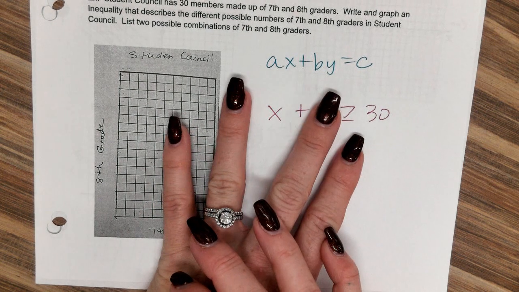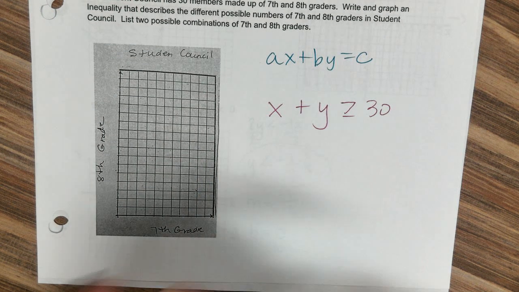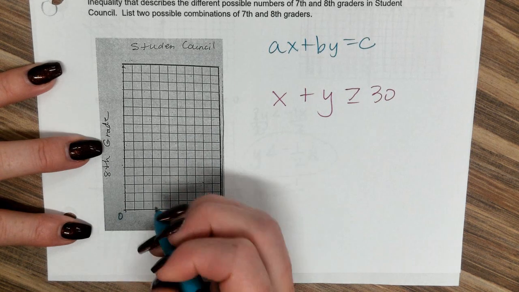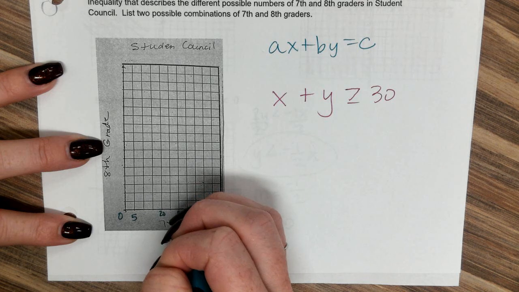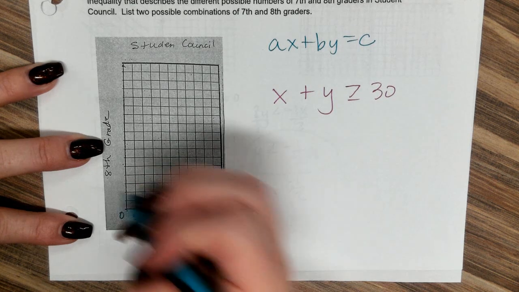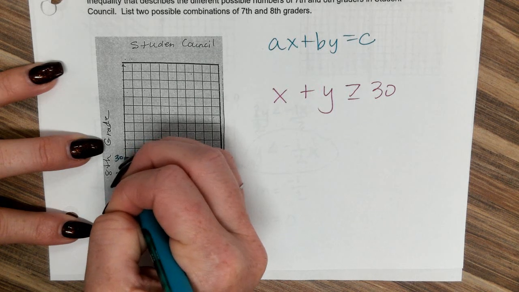If I cover the y, what does x equal? So the intercepts are 30 and 30. Do you see what I'm saying? Do y'all want to count by fives? So 5, 10, 15, 20, 25, 30. Same thing over here. 5, 10, 15, 20, 25, 30.